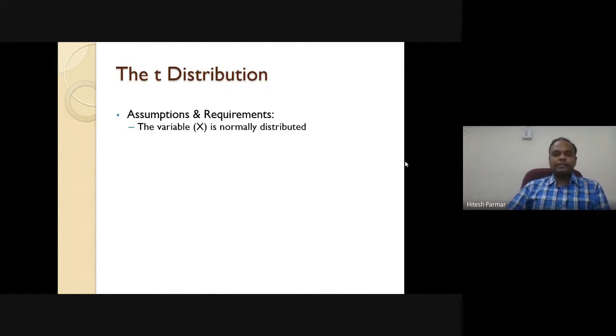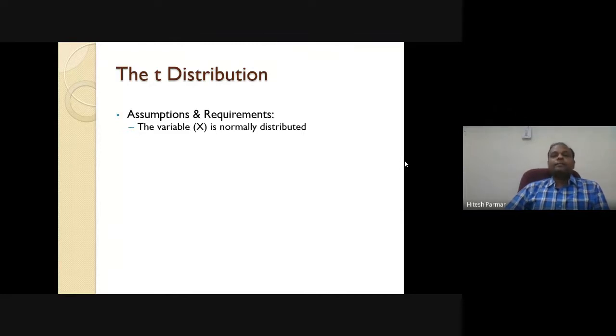The z-test is applicable when the population standard deviation and population mean are known to us, meaning the population parameters are known. Whenever the population parameters are not known to us, the statistician says that if your sample size is greater than 30 but the population parameters are not known to you, then you can go for a t-test.